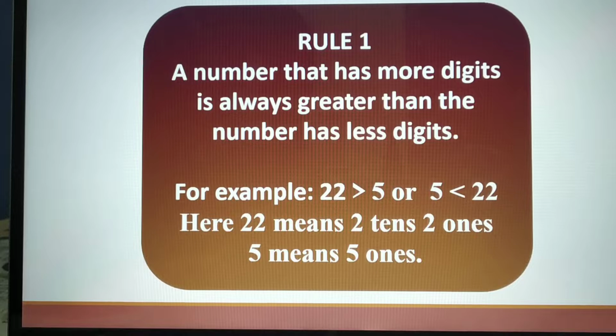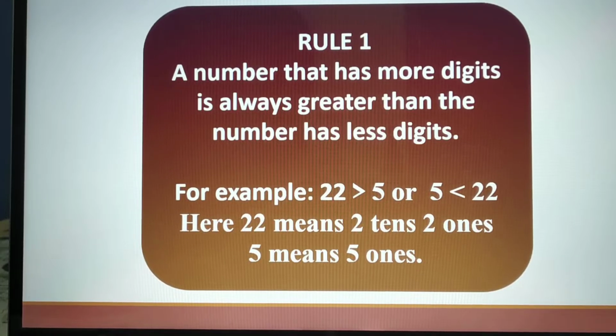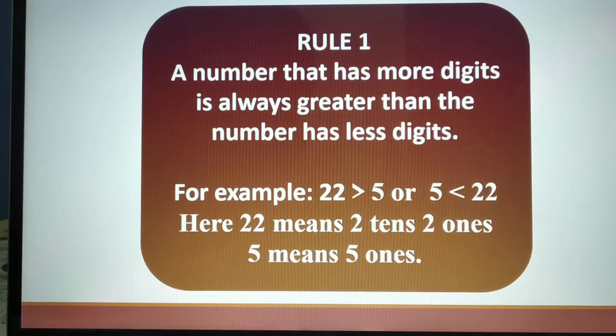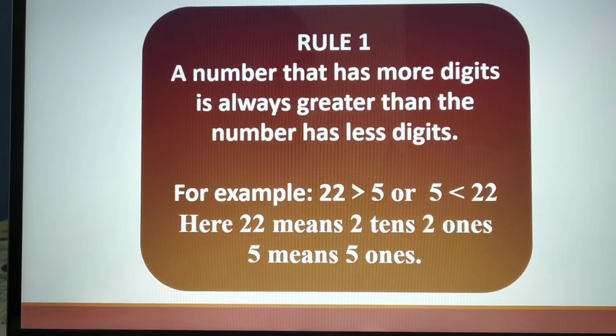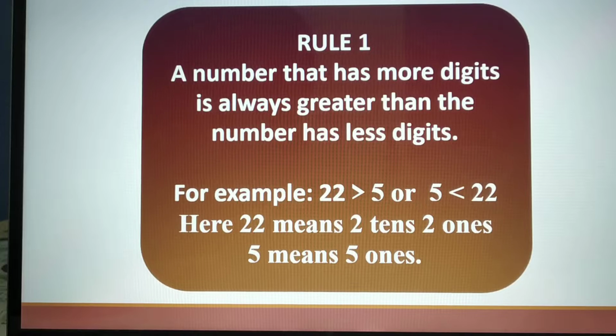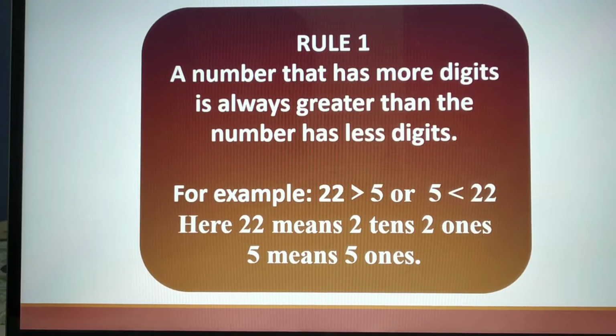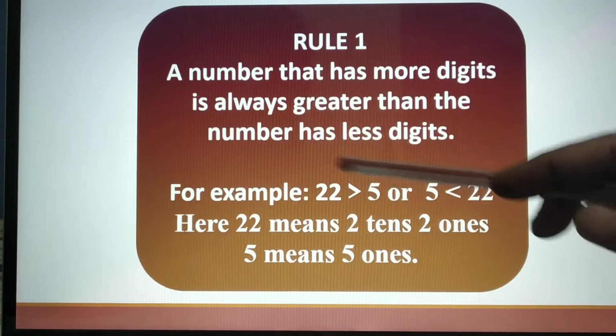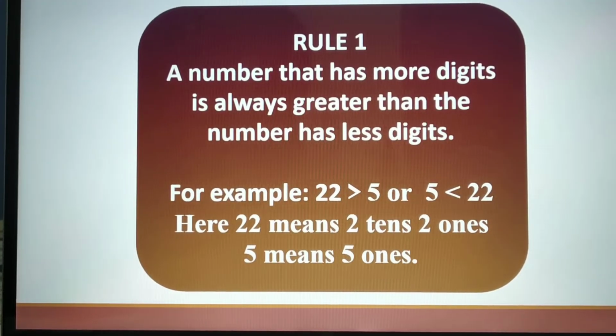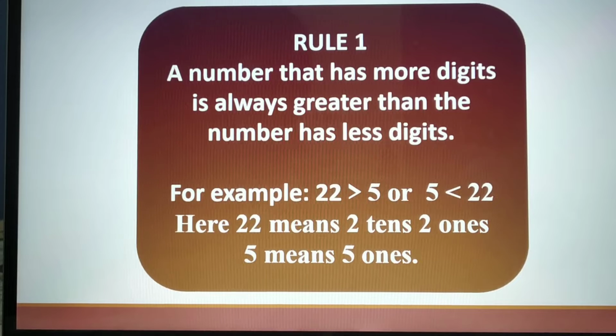And in 5, how many digits are there? Only 1. So the first number has 2 digits, the second number has 1 digit. So which is the bigger one, the greater one? 22. So here the crocodile mouth is open towards that. 22 is greater than 5.